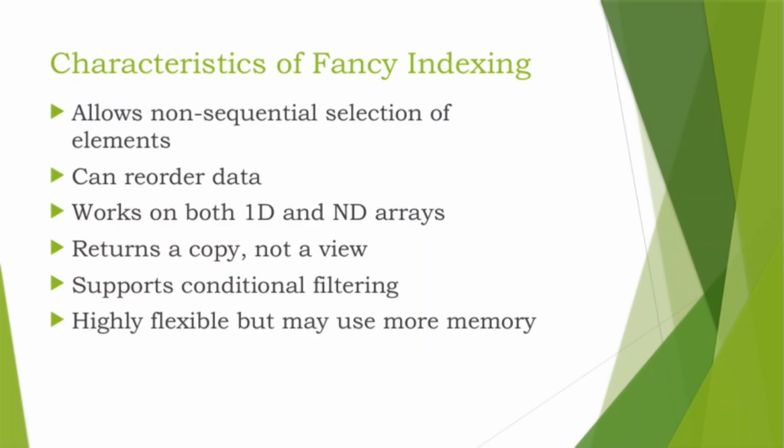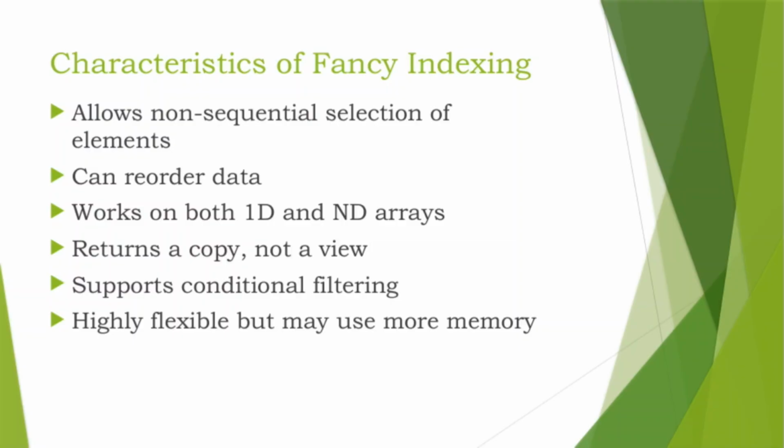Elements corresponding to true values are selected, while those corresponding to false values are ignored. For example, a condition can be used to retrieve all values greater than a specified threshold, all negative numbers, or all even values within an array.